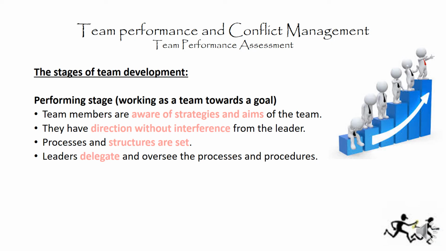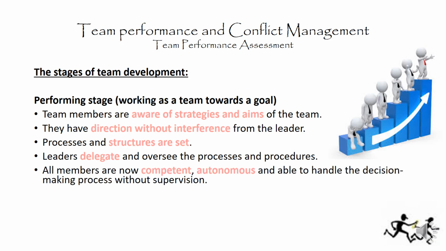As I said, people are aware of what needs to happen, and as a successful team, every team member will do what he needs to do and take responsibility for his own job, and then the leader can just oversee the process and the procedures, just check up every now and then if anybody needs anything, just a check-in. He doesn't have to check up on people every single time, every single day. He oversees the whole process, but he trusts that people are going to do what they are supposed to do.